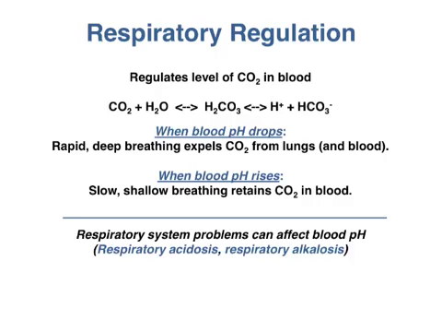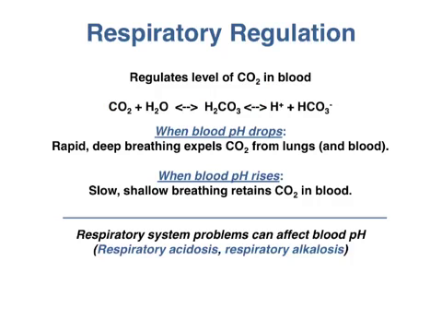If blood pH drops, that means you have too high a concentration of hydrogen ions. So remember, your blood being more acidic, a lower pH, means more hydrogen ions. Your respiratory rate adjusts, becomes more rapid and deeper to reduce the carbon dioxide in the blood, pulling everything that way and bringing that concentration of hydrogen ions back down.